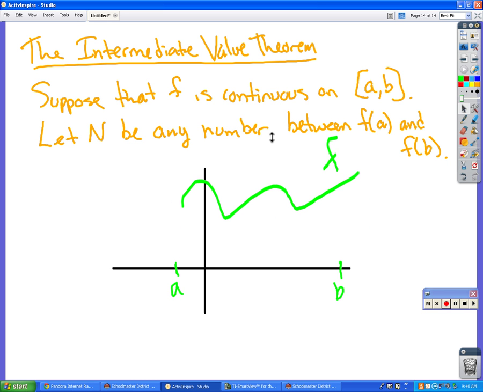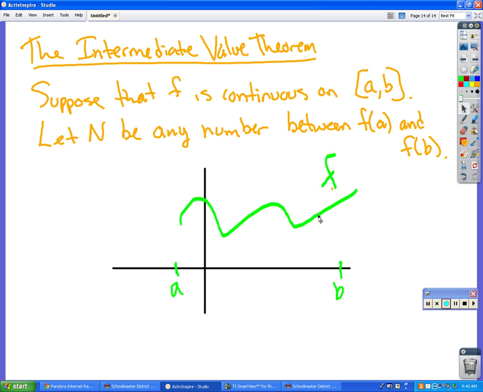So let's make this a little bit more interesting. Here is f of a, and that has some value.